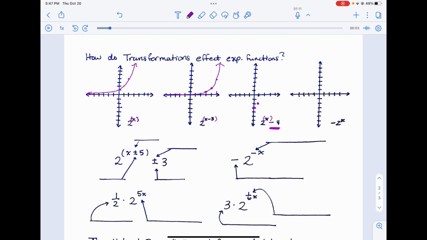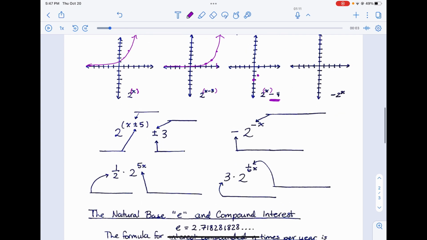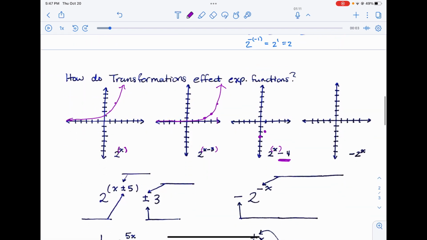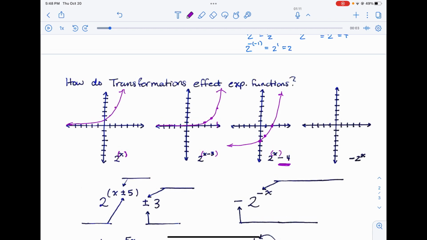Instead of 2, 4, we're going to go through 2, 0. So something like this, right? And on the left side, we're going to approach negative 4, kind of like a horizontal asymptote almost. So it's going to flatten out at negative 4.